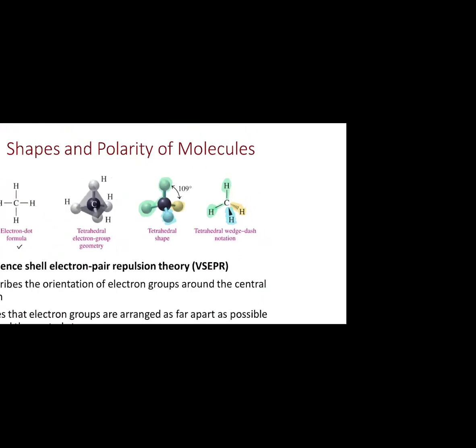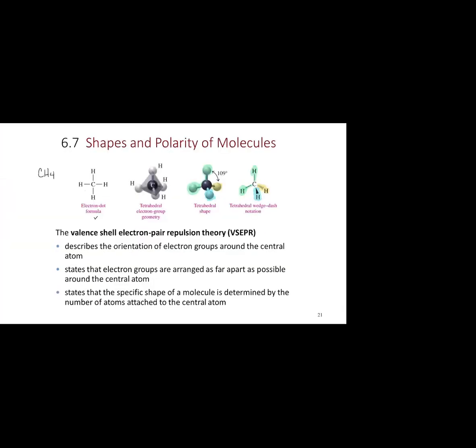Now, all of these concepts are derived from what we call in chemistry the valence shell electron pair repulsion theory. This has some important basis for why this happens. Instead of saying all of those words, we just summarize it as VSEPR rules.